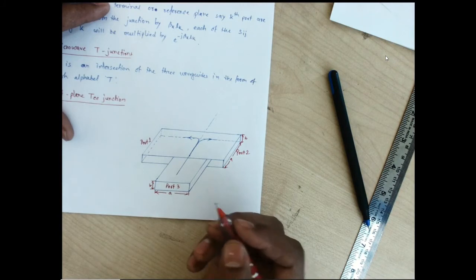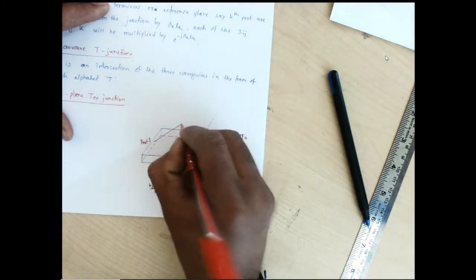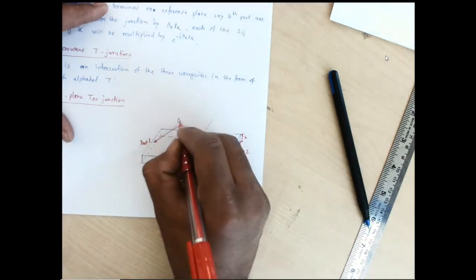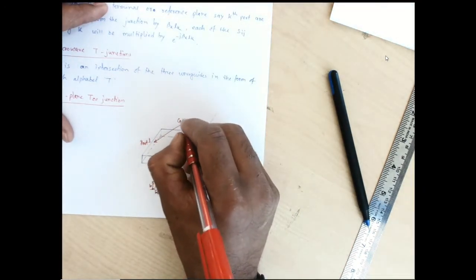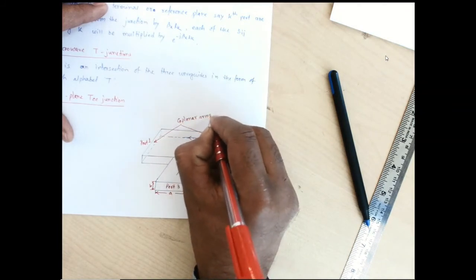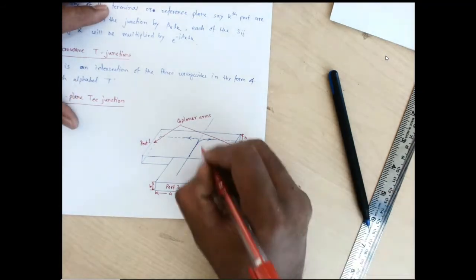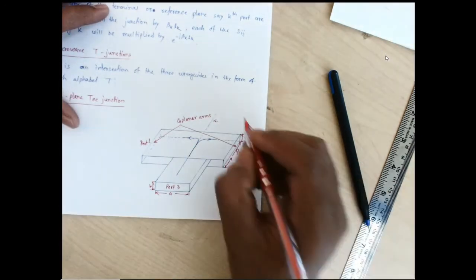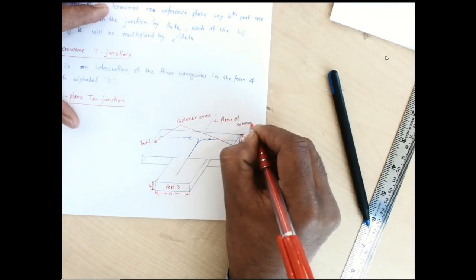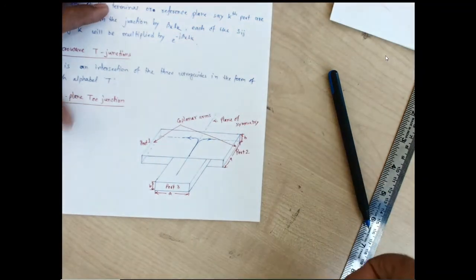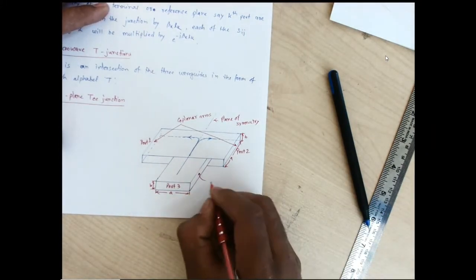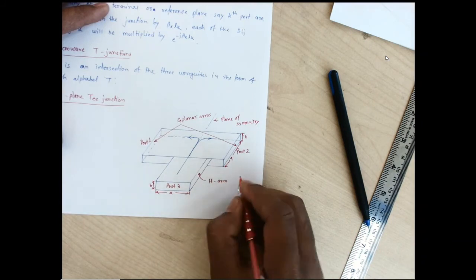It is your B. These two arms are known as coplanar arms, sorry, collinear arms. You can also say coplanar arms, no problem. This line is known as the plane of symmetry. This arm is the H arm or side arm.